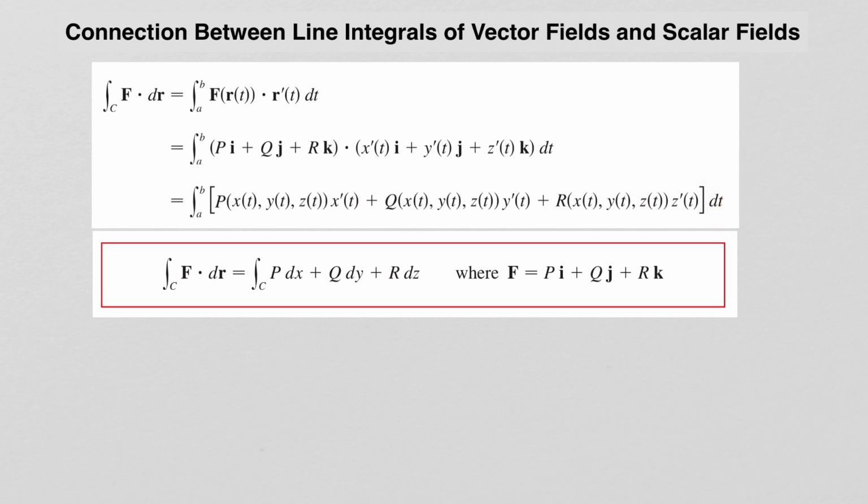But we can use the alternative notation if we multiply dt through to each one of these. Remember, x prime of t times dt can be represented by dx. And so we can simply say that it's p times dx, q times dy, and r times dz.